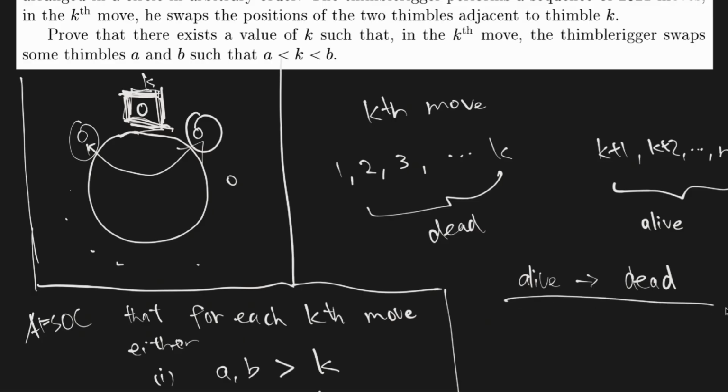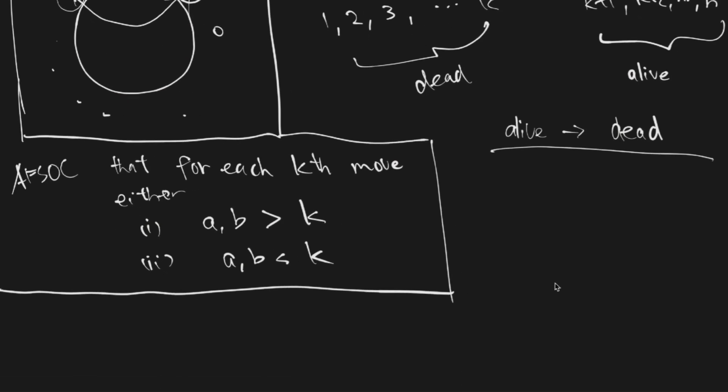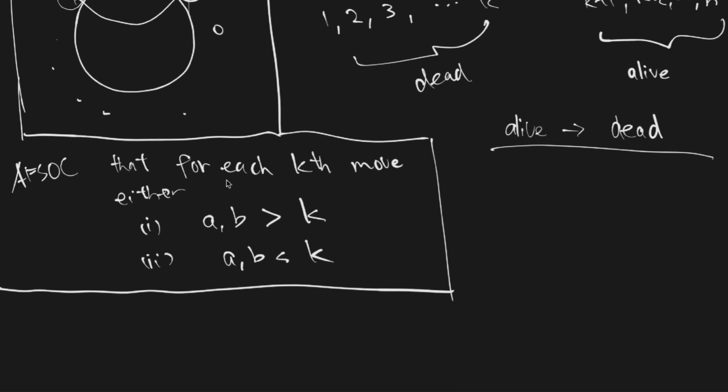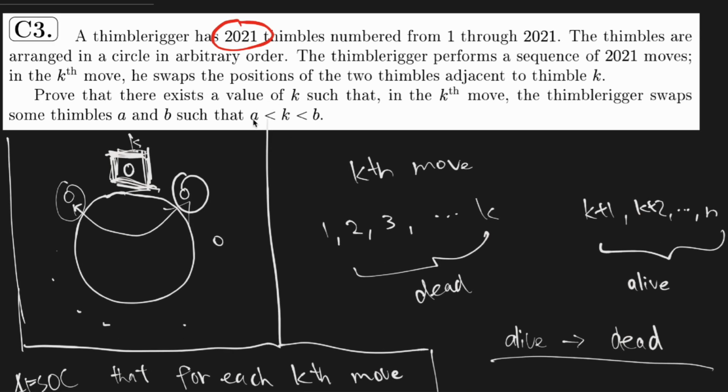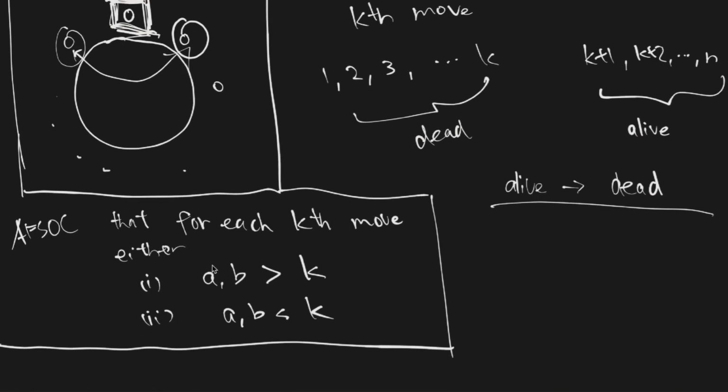And so why is this useful? The reason is that if we have assumed for the sake of contradiction that there exists such a configuration, and we keep swapping, then each time A, B are either both greater than K or both less than K, so the heat map will have to change exactly like this.